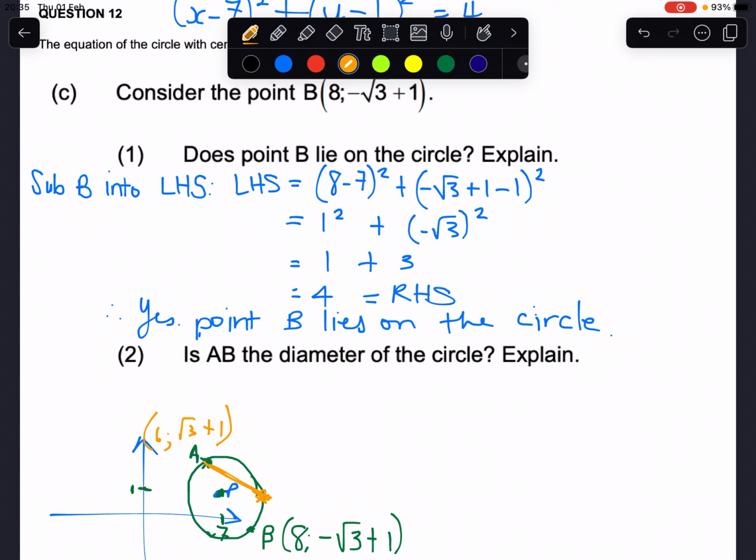Yeah, because if we think about it in terms of trig, if you have a chord and then you draw a radius connecting one end of the chord to the center and another one connecting the other end of the chord to the center, right?